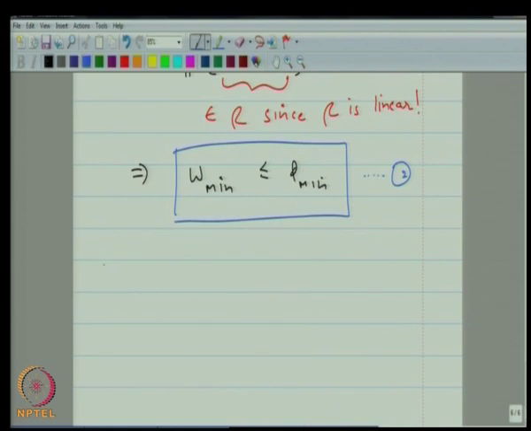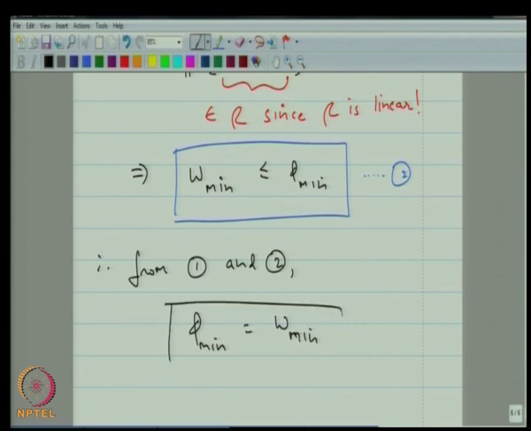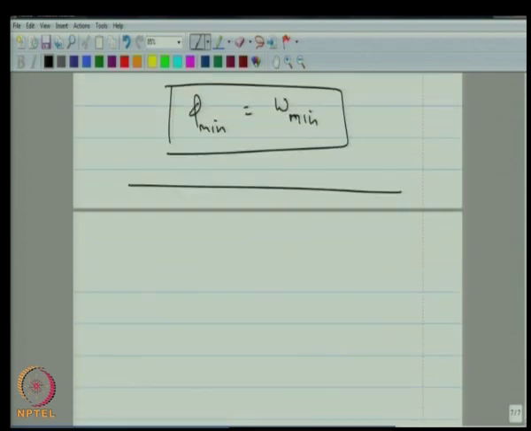Therefore, from 1 and 2 we have that D min is equal to W min, and we are done. So, the minimum weight is equal to the minimum distance. Let us apply that in an example.